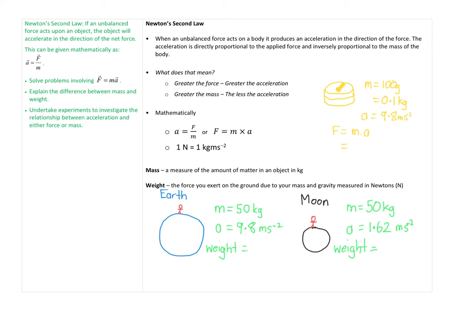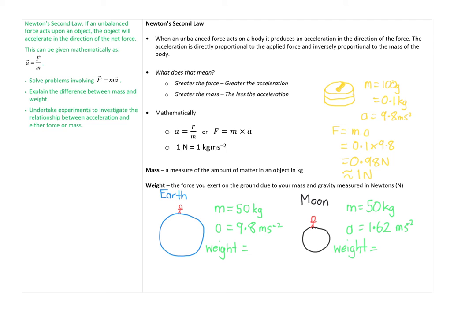Due to gravity, the force that they would exert on an object, if you're holding them up, would be equal to mass times acceleration, which is equal to 0.1 times 9.8, which is equal to 0.98 newtons, which is approximately 1 newton.